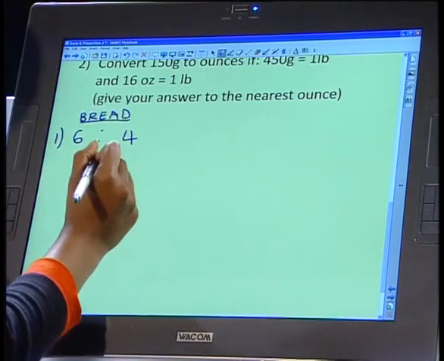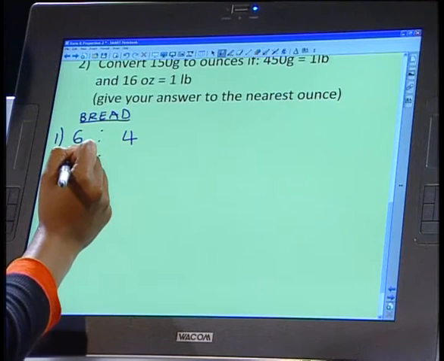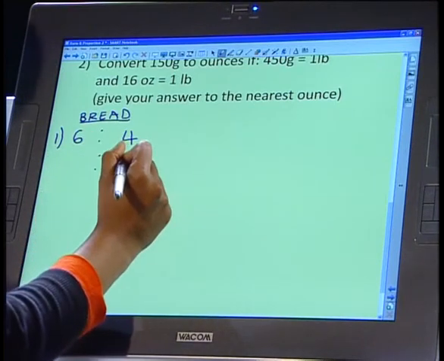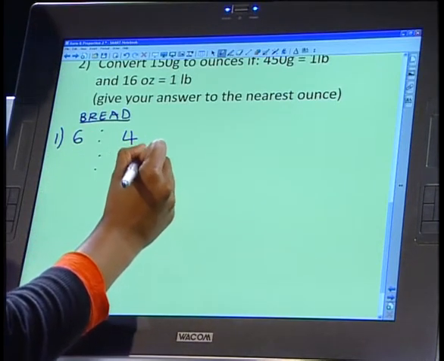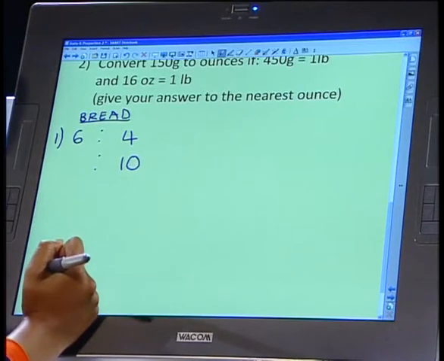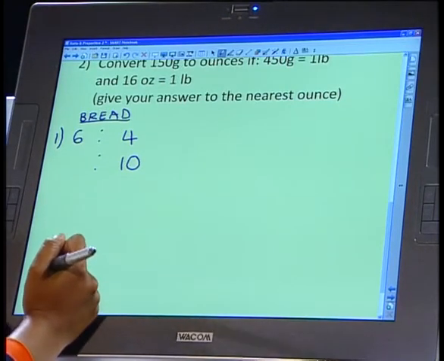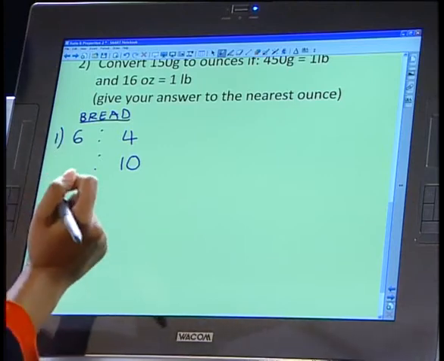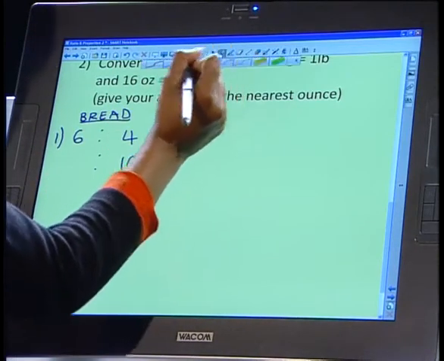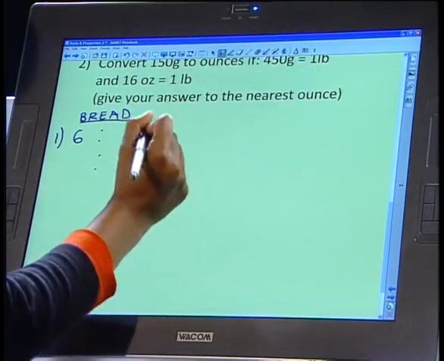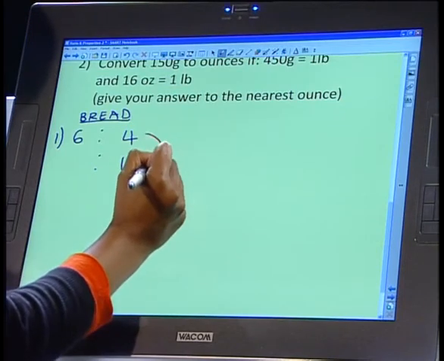We want to know how many slices of bread I am going to need if I now have 10 people that I have to bake this pudding for. So you have to say, well, what factor have I used to go from 4 to 10?